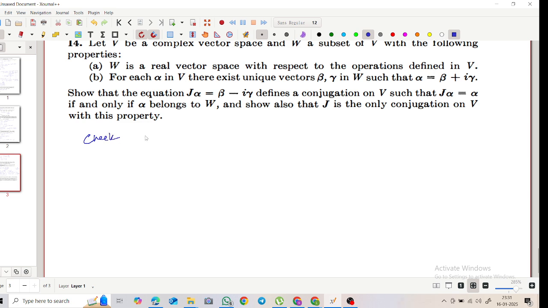One step is easy now. Check that J of alpha plus beta is J alpha plus J beta, and J of C alpha is C bar J alpha. These you can check. These are elementary checks.